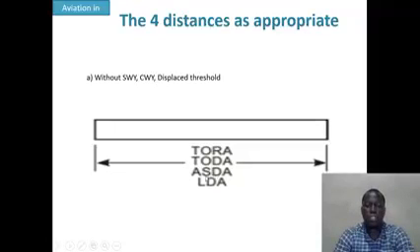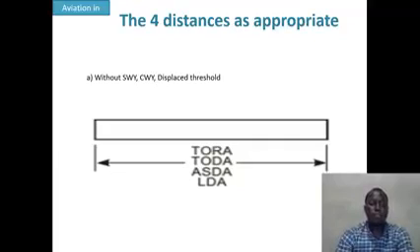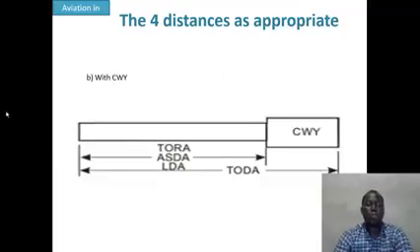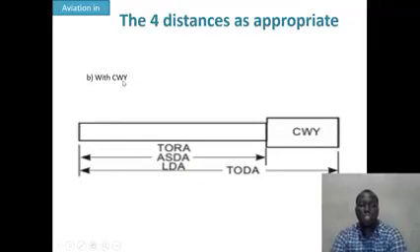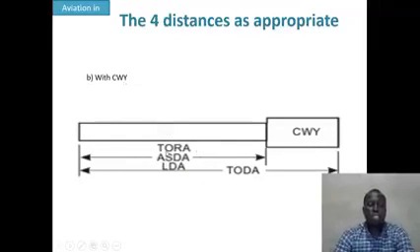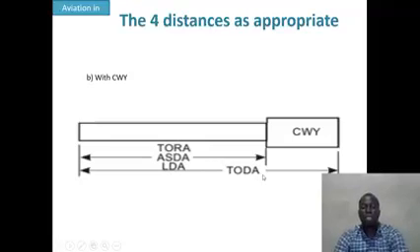So the TORA, the TODA, the ASDA, and the LDA are the same. Here the threshold and the end of the runway are located at the same place. When there is a clearway, the TORA, the ASDA, and the LDA will be the same, but the TODA will be the TORA plus the clearway.